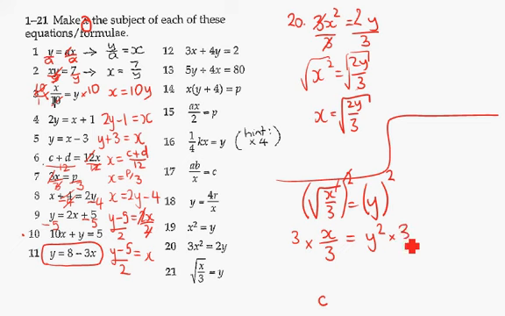Multiplying by 3, what you do to one side you do to the other. You might like to think of it as 3 over 1. X equals 3y squared. So have a look at that, check you agree with that, and perhaps pause and try some of these again on your own.